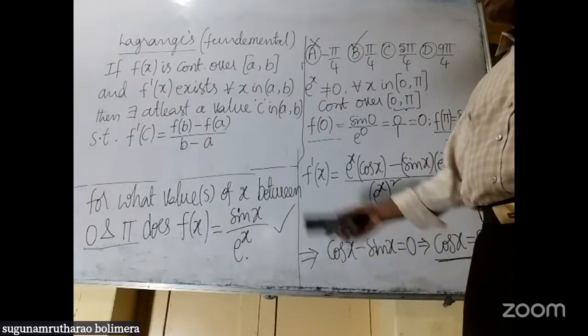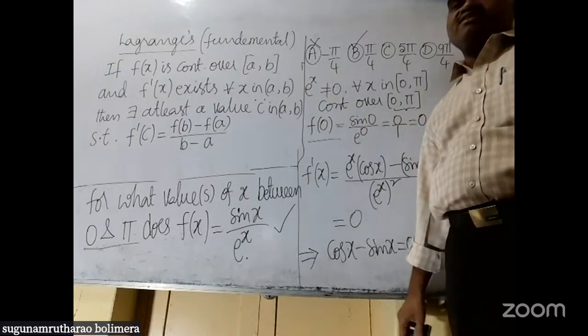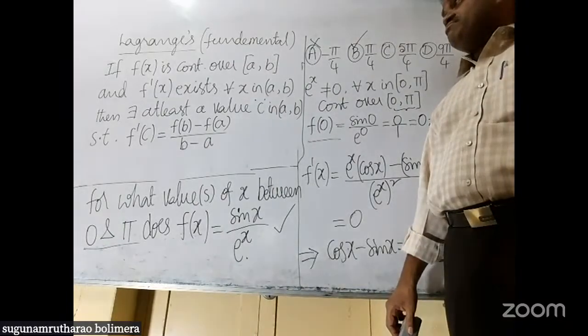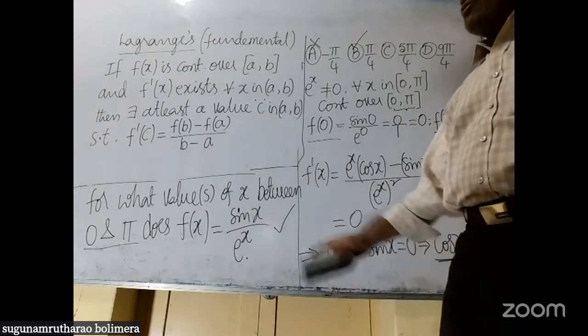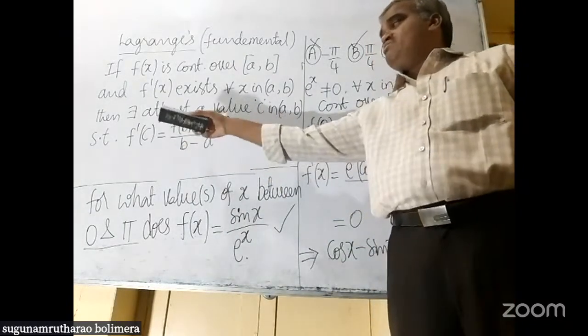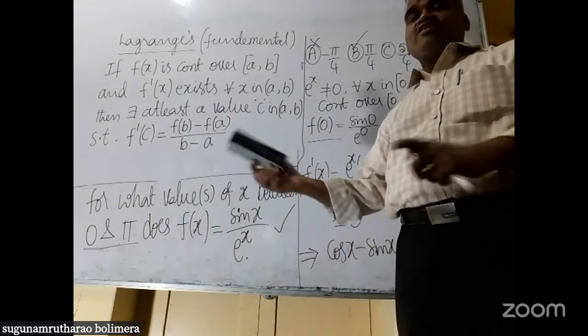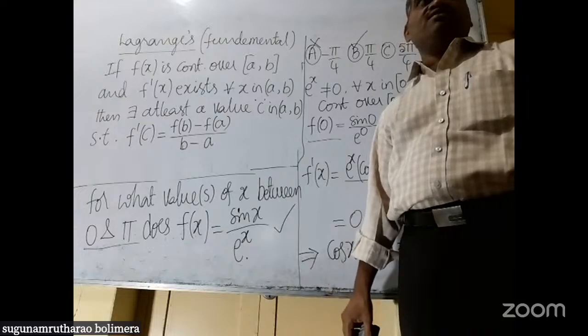So we have observed both the conditions in Rolle's theorem also. And if f of a equals f of b, that will be 0. Actually, Rolle's theorem is a modification of Lagrange's mean value theorem.